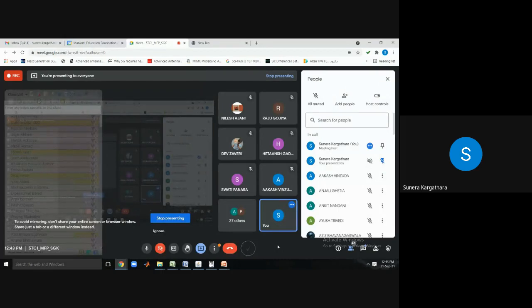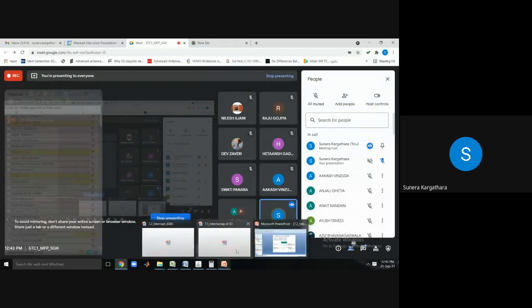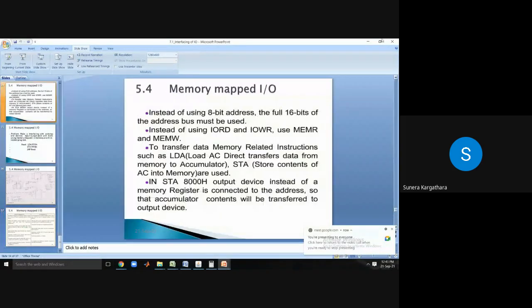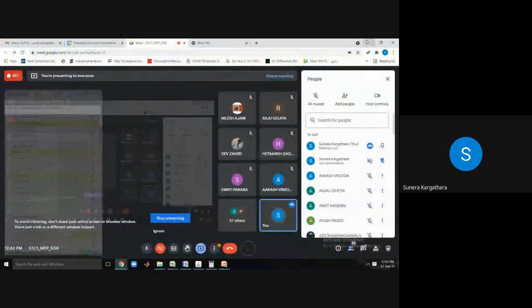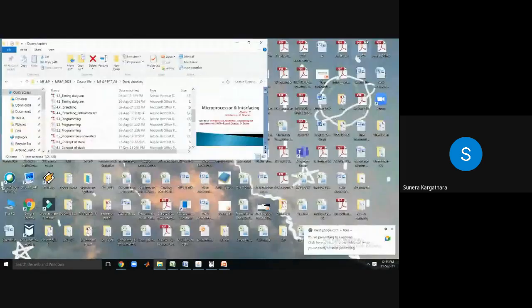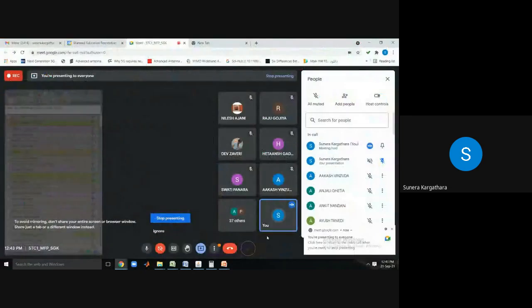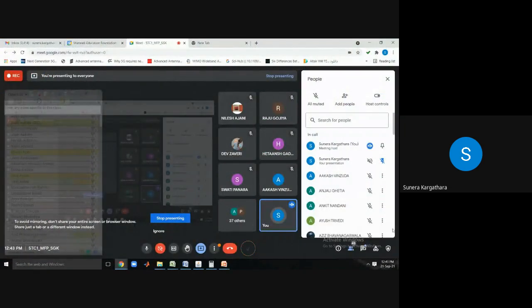Now tomorrow, students, we want to start with I/O interfacing. In I/O interfacing, we had already discussed peripheral interfacing with the 8255. A few more points we want to discuss with that interfacing. So by tomorrow we will start that particular part, and probably in 2-3 lectures we will complete it.